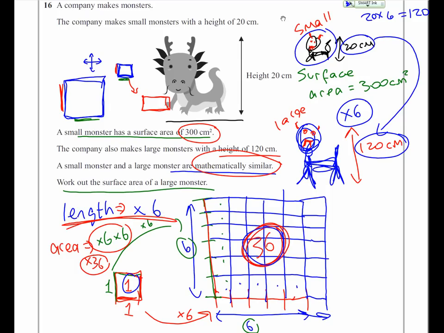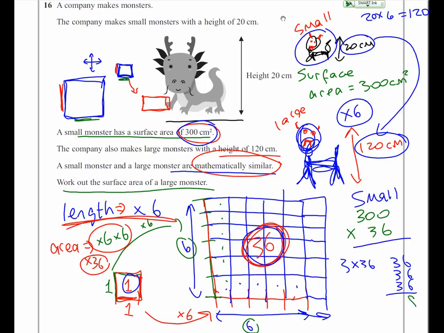So the area, I told you I might confuse some people. The small area, 300, we have to times it by 36, not 6. Okay? And it's a non-calculator paper, so let's think of how we're going to do it. Let's do 3 times 36 by doing 36, add 36, add 36.